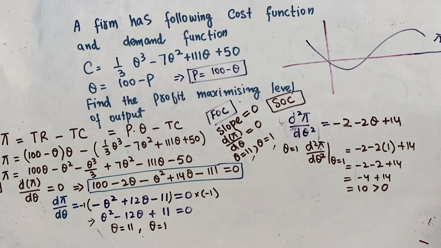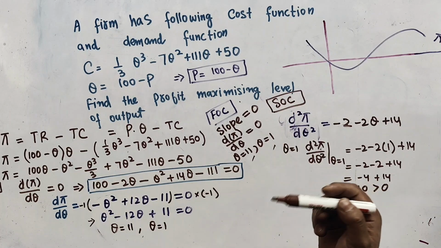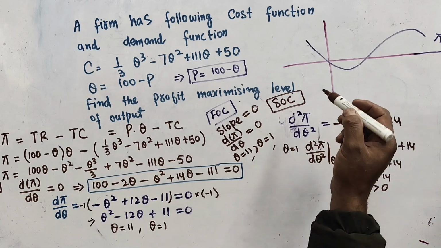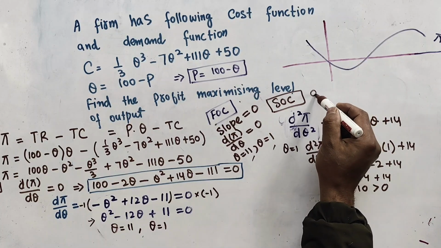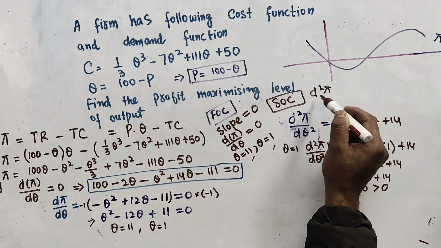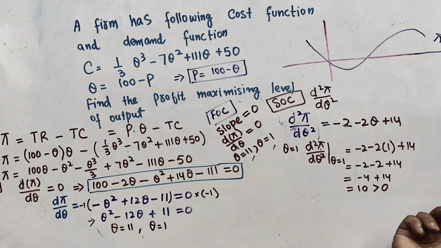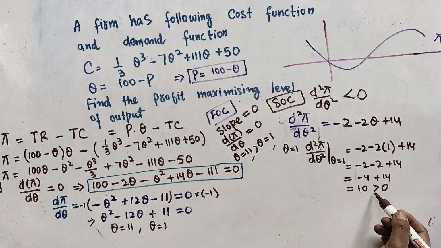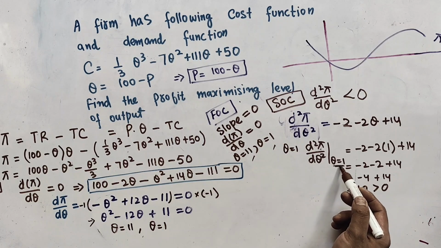Okay, now for second order condition, the second derivative for profit maximization should be negative. That means d square pi upon dq square, when we evaluate it at the critical points, should be less than 0, but here we are getting a positive one. Okay, so that means this will not maximize our profit.